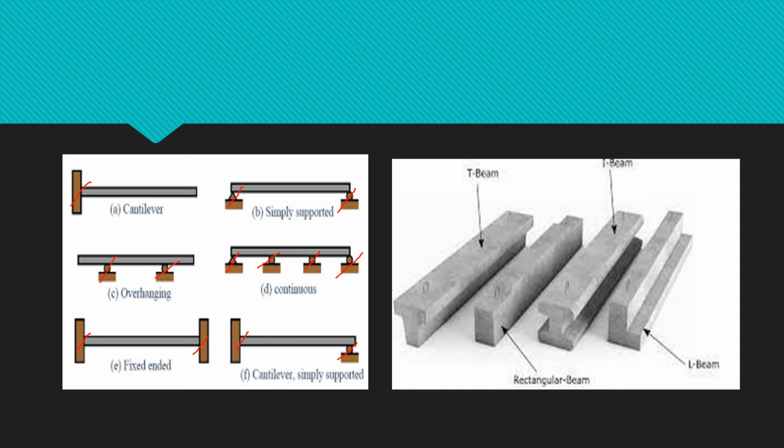So let us classify the beam according to its shape. T-beam, as the word itself says, is shaped as a T. Rectangular beam has a rectangular shape. The I-beam is a letter I shaped beam. And the L-beam is a letter L shaped beam.